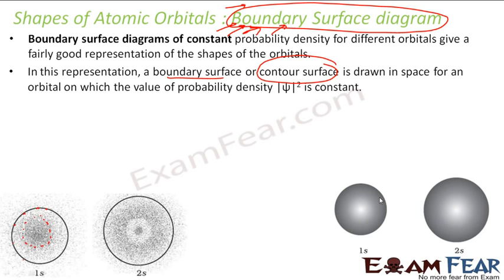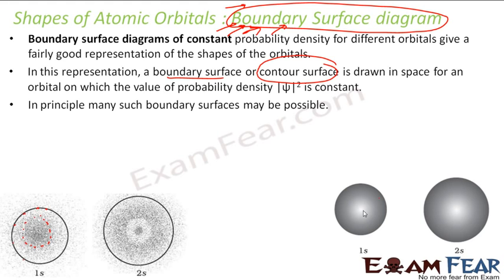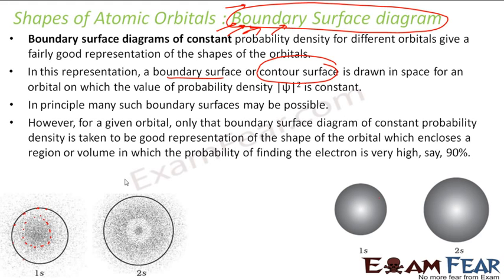If you see one dark region here, the same darkness shows that the probability density is the same for getting the electron in this region. This is lighter, which means you have less probability of finding the electron. In principle, many boundary surfaces are possible. If you combine these, you get this kind of shape.